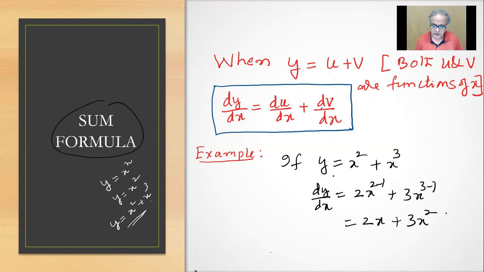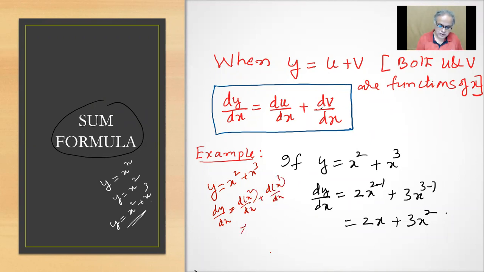Look at this. If y equals x square plus x cube, dy by dx is differentiation of this plus differentiation of this. All this will come in our physics. We cannot avoid it. Du by dx plus dv by dx. That is, if y equals x square plus x cube, dy by dx is d of x square by dx plus d of x cubed by dx.